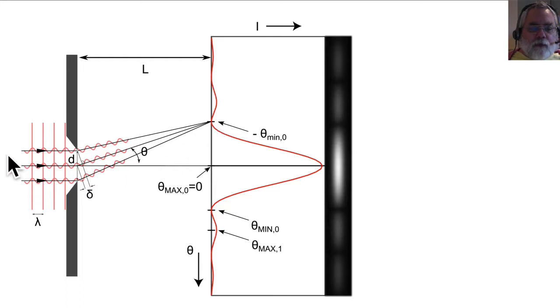That makes it so that all the light coming through the slit going to this angle always cancels. Light coming through one position in the slit gets canceled by light coming through another position in the slit.